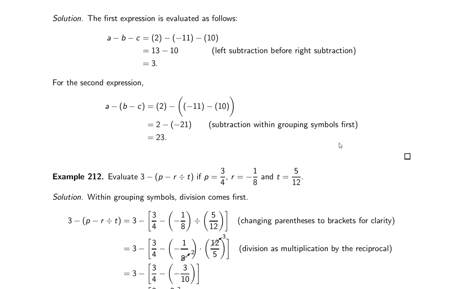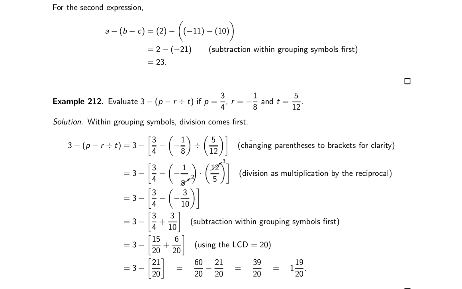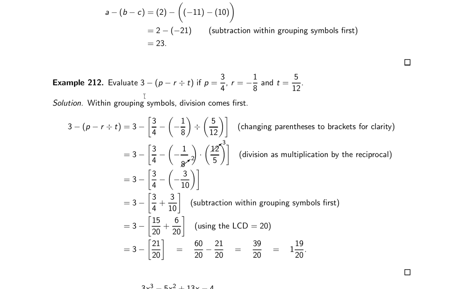Okay, some more complicated examples. Here we have 3 minus, and then in parentheses, p minus r divided by t. These variables can be any letters. In this case, we're substituting fractions, positive and negative.